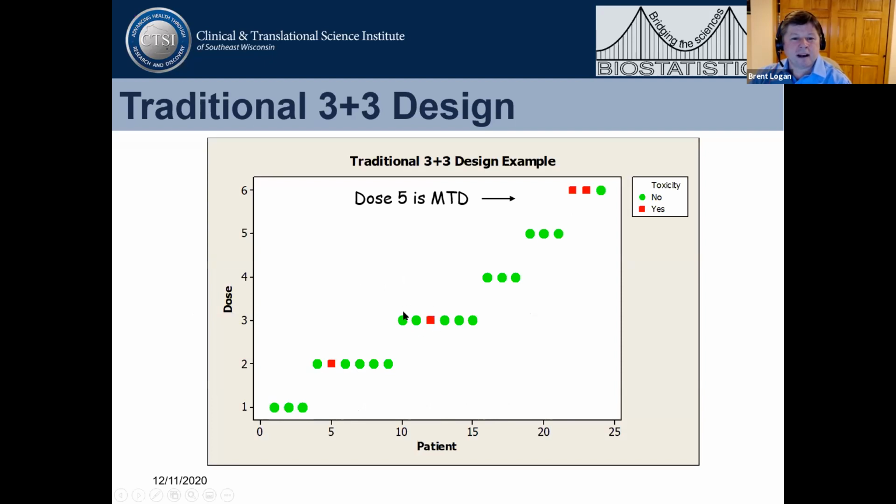Here again, you had 1 out of 3, so you enroll another 3 and then you go up. Here is 3 patients, all okay, so you go up again, 3 patients, all okay, go up again. And here you had 2 toxicities at this 6th dose level, and that is where you've exceeded the MTD. So you go back to dose 5 as the MTD.